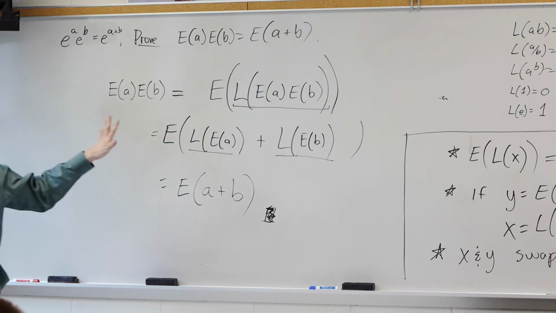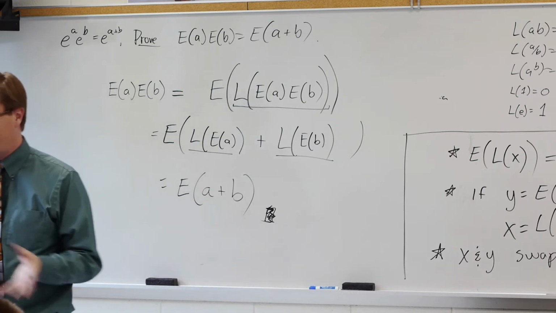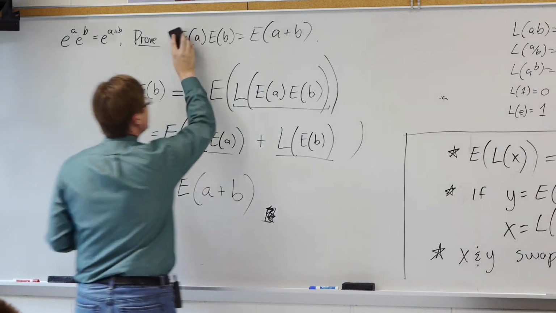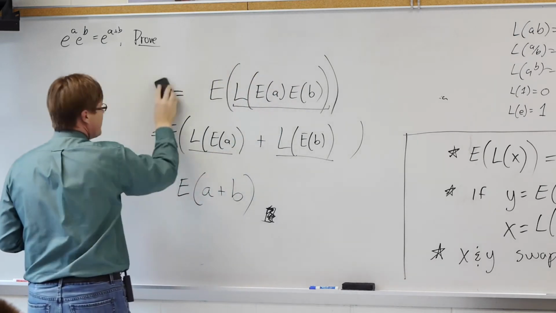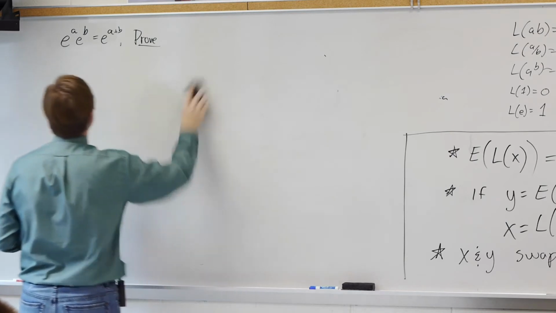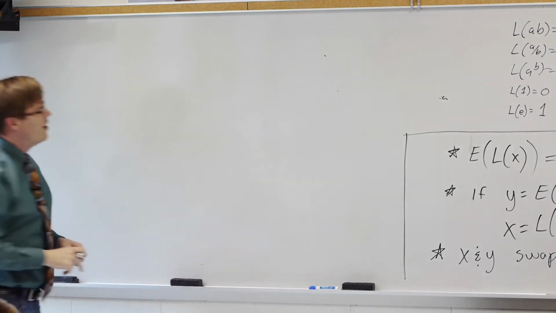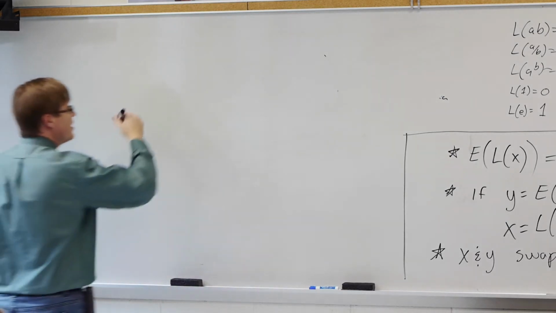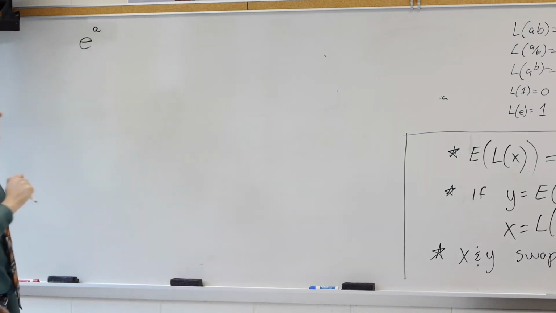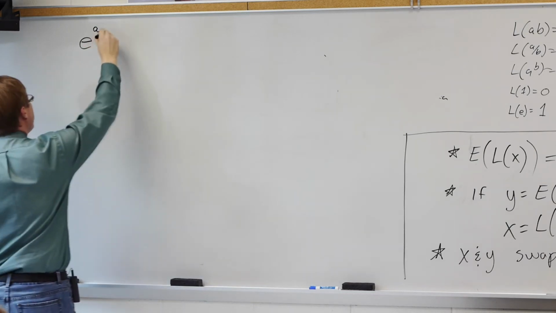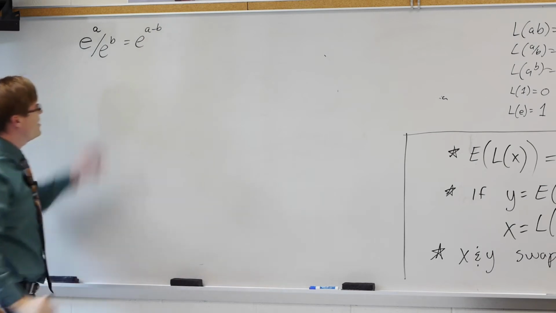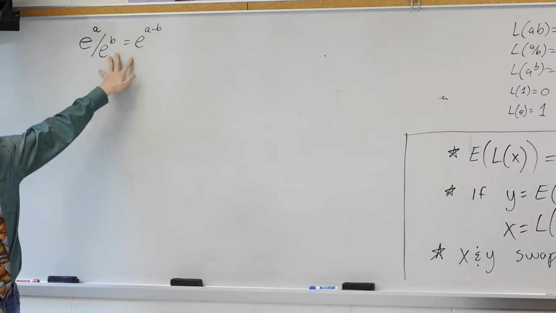OK, so once you've seen this technique, this is actually how we'll prove the other properties of E that I want to prove. So the same trick always kind of works. So we'll use the same template, but we'll just start over. OK, so the other property that I want to prove is if I take E of A divided by E of B, or at least I know this is true for exponents.